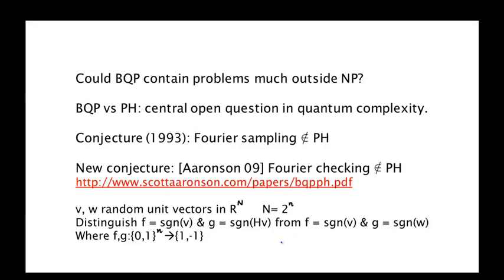So let's say that V and W are random unit vectors in real N-dimensional space, where capital N is 2 to the little n. So these are exponential dimensional real vectors. Now, given such a real vector, you can think of it as defining a Boolean function.